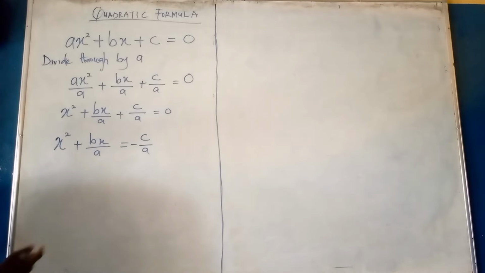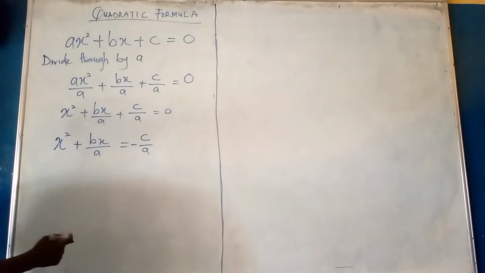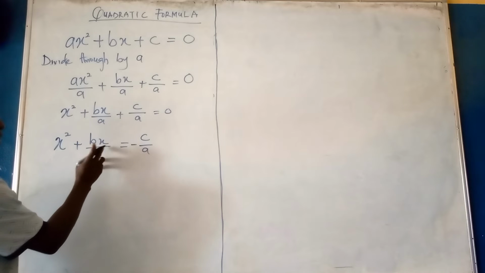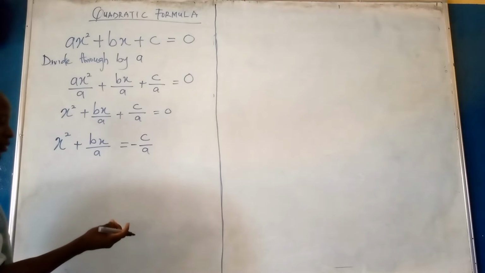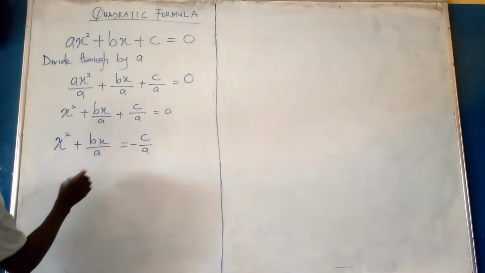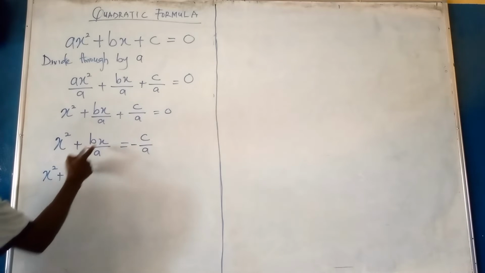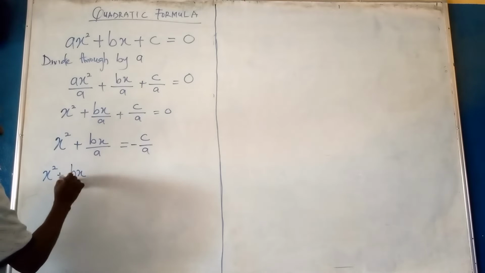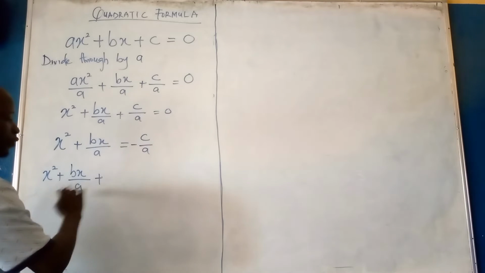Now the next step is to take the coefficient of x here, which is b over a. After taking the coefficient of x, we multiply it by 1 over 2, then square everything. And what do we mean? We're going to have x squared plus bx over a plus, and we add it to both sides.